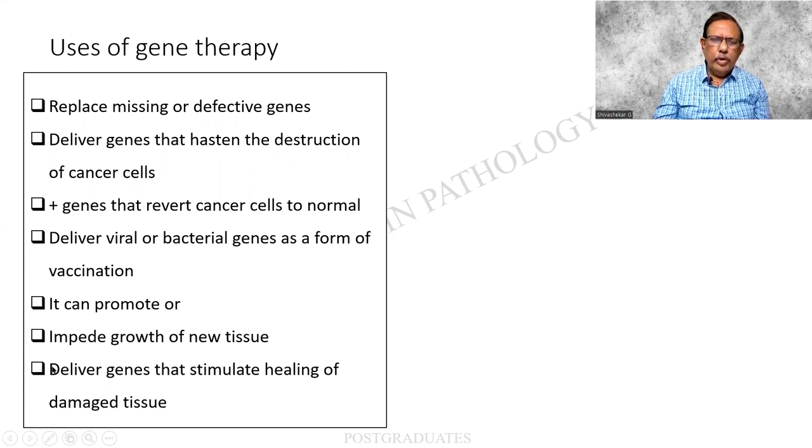It can promote or impede the growth of new tissue. Deliver the genes that stimulate healing of a damaged tissue. So these are the various uses. I would like you people to kindly learn this particular list by heart.